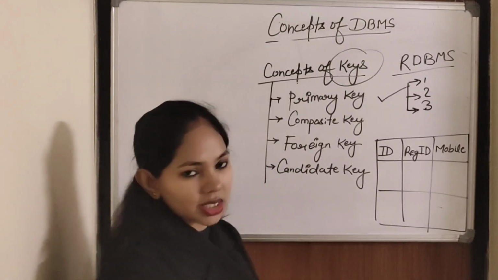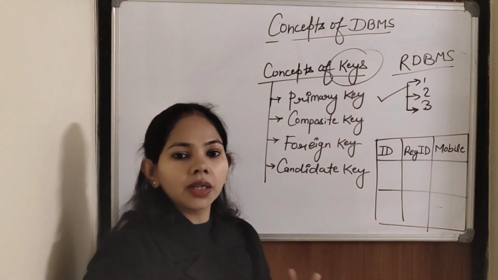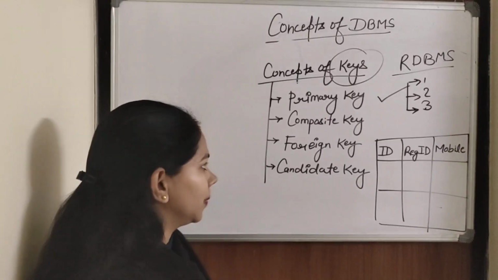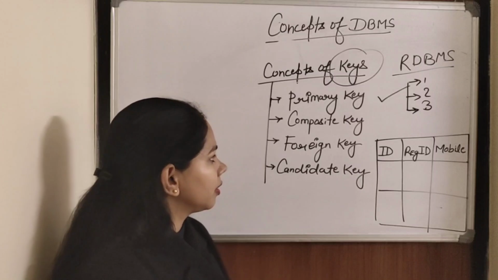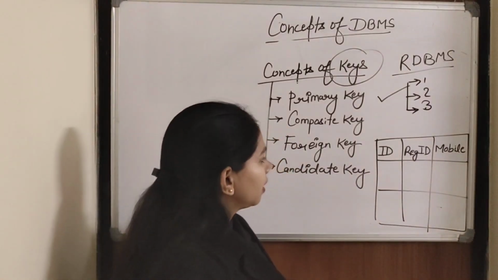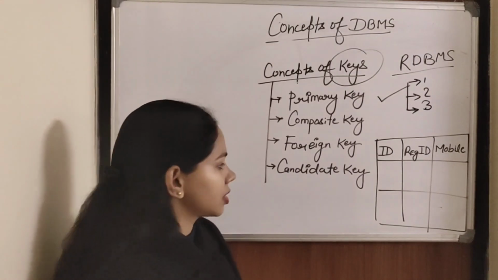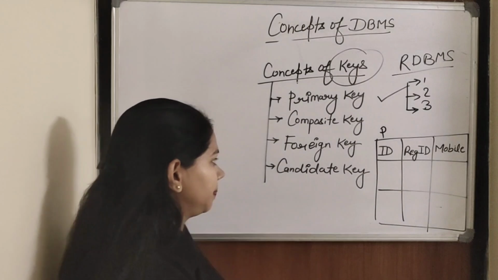Next is the composite key. Composite means combining columns, more than two columns. If within a table you have a number of unique records, then what do we have to do? Suppose here ID we take as the primary key.